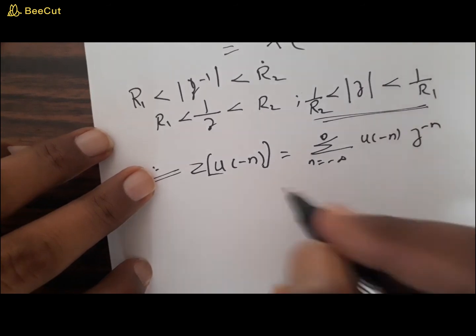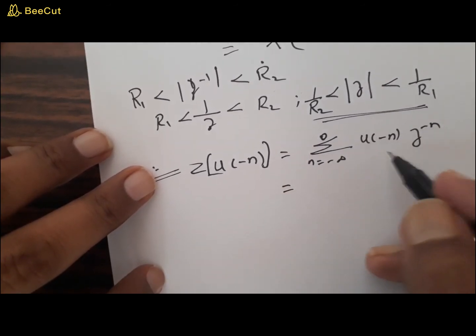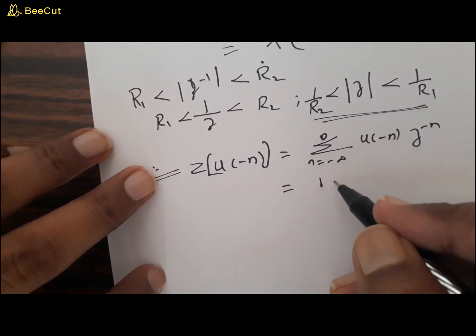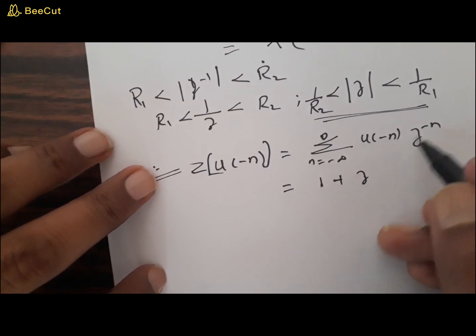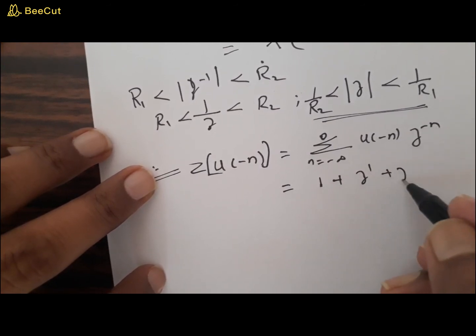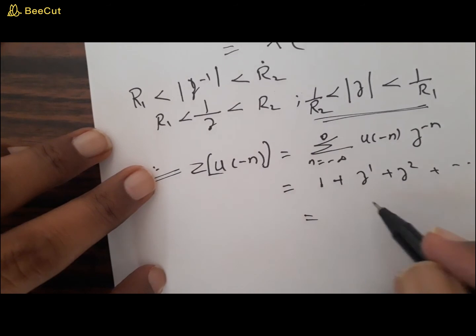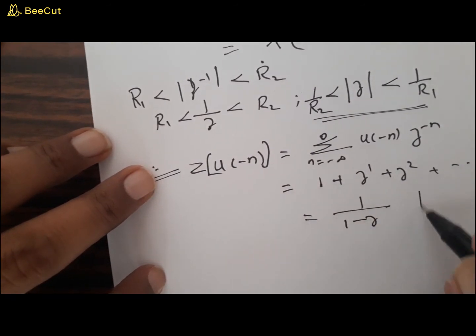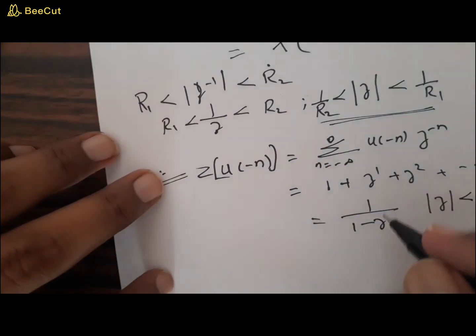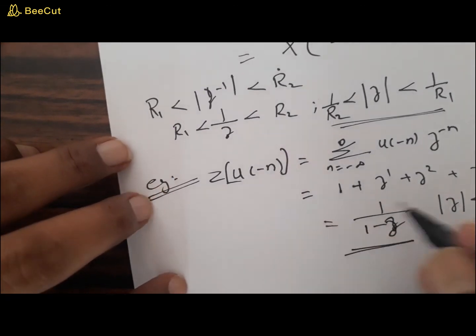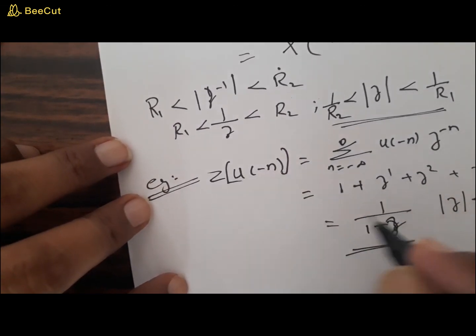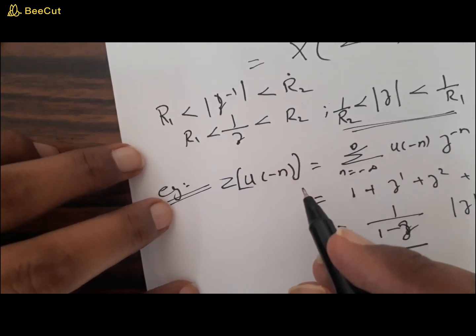When you put n equal to 0, this is 1. Then again you have 1 plus z, plus z square, etc. So this will be 1 by 1 minus z, provided mod z is less than 1. So 1 by 1 minus z is the z transform of u of minus n. Now let us try to apply this time reversal property.